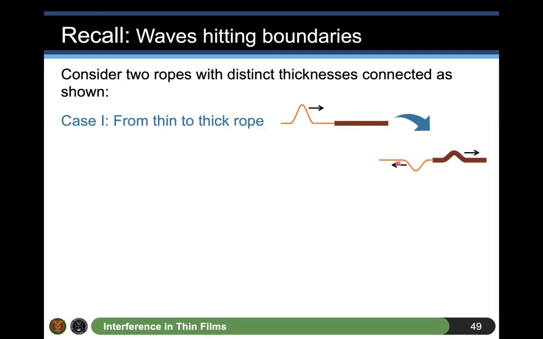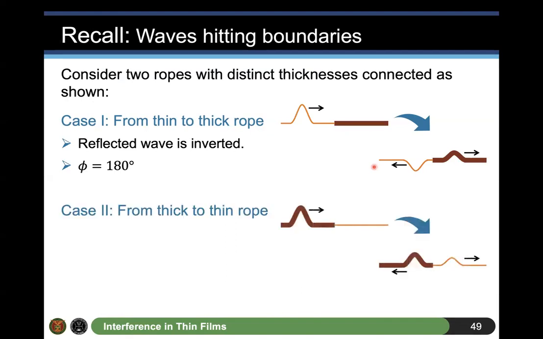Magpo-produce tayo ng wavelengths in each of the ropes. So, meron tayong wave na matatransmit and then meron ding wave na mare-reflect. Okay? But the reflected wave is inverted, which means 180 degrees yung phase difference.